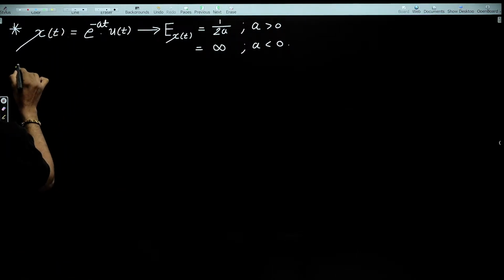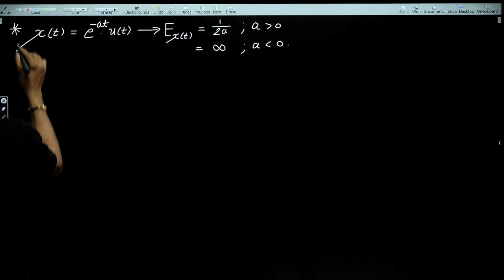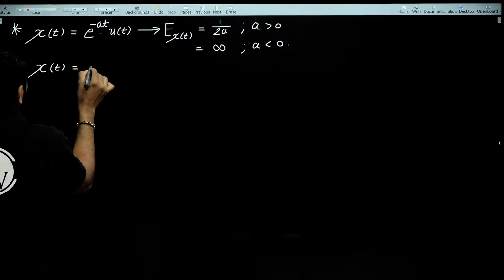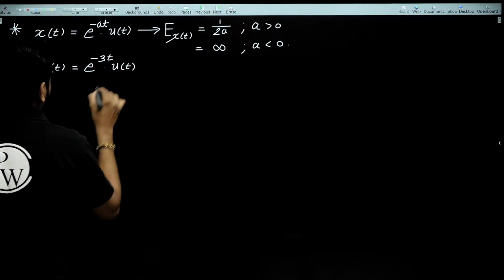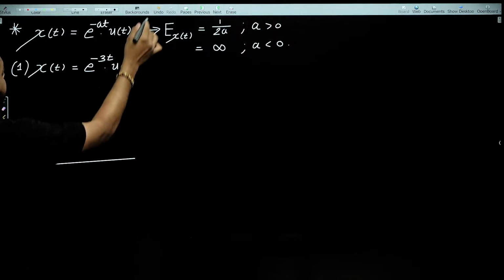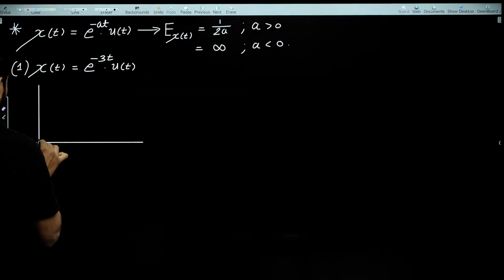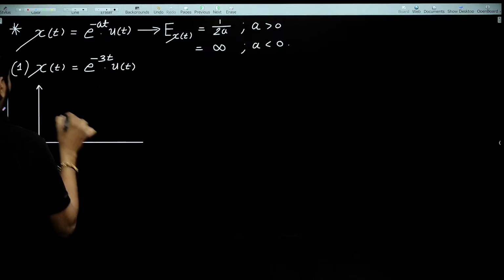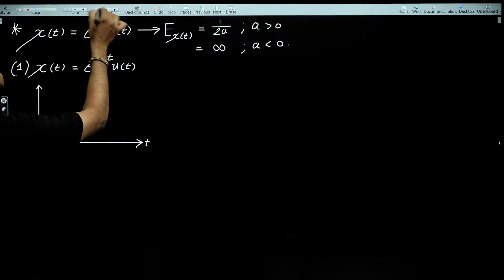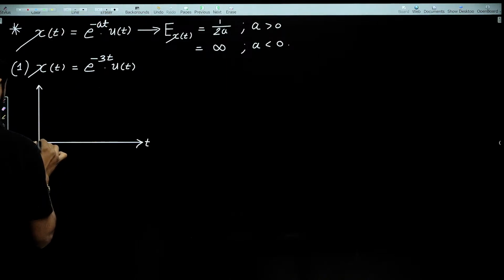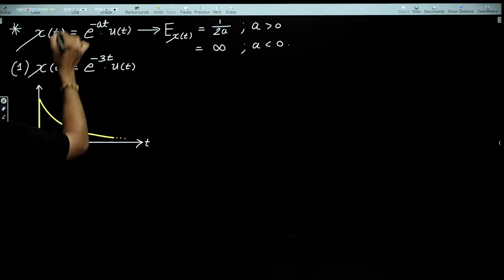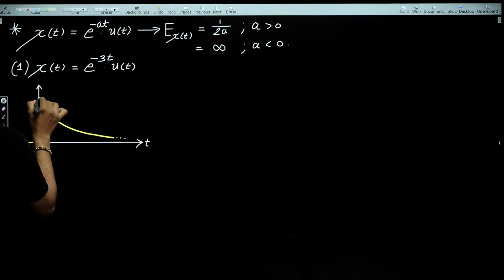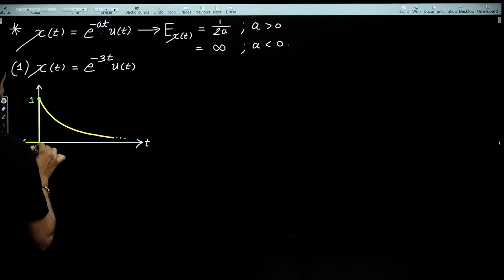For the first question I am writing, suppose I am asking to find the energy of e to the power minus 3t u of t. You can use the formula also. This is a right-sided decreasing function, and the amplitude is 1.